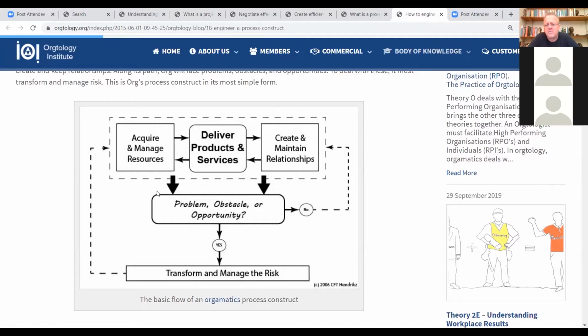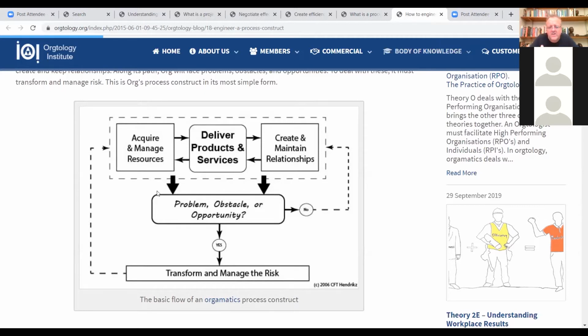We also need to create and maintain relationships to keep this purpose alive, because the purpose is always sponsored by an external environment. Of course, that would also work well if wishes were horses, but they're not. So life is full of obstacles, opportunities, problems. In Orgmatics, we use the EOP analysis. It stands for risk exposure, opportunities, and process efficiency.